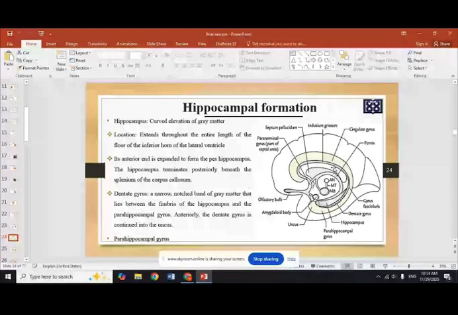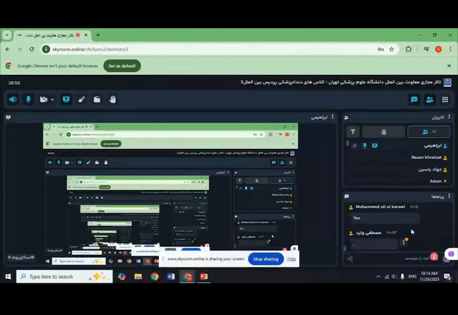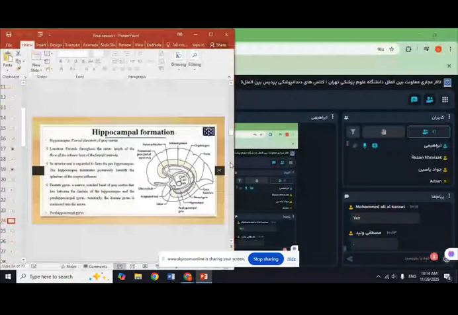The great or big connection between the two cerebral hemispheres. What is this? Tell me, I'm checking your answers. What is this structure? This one.